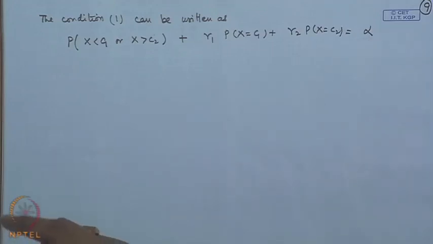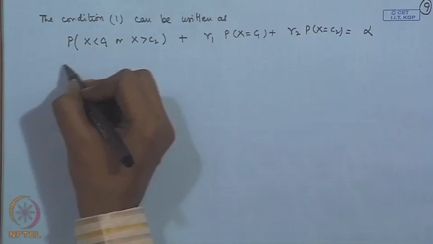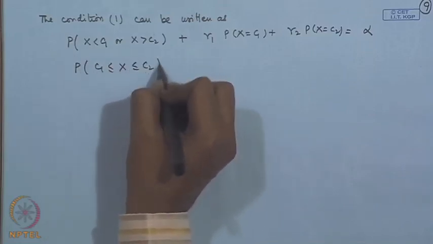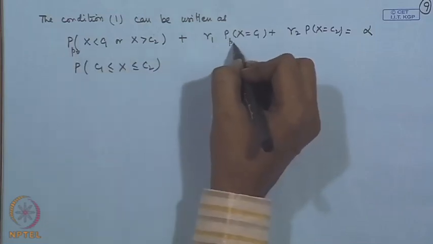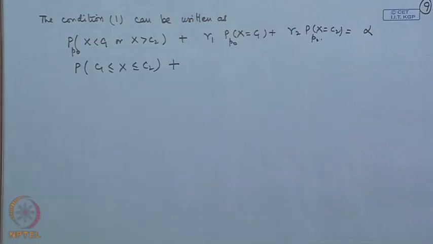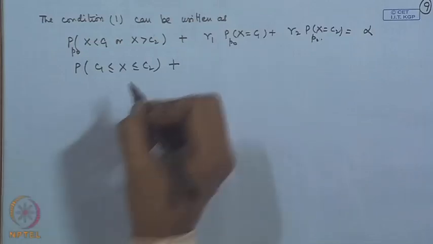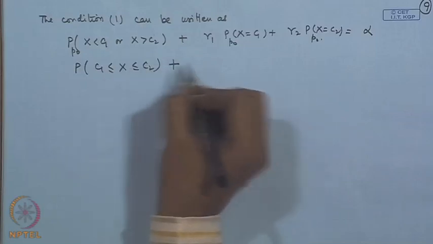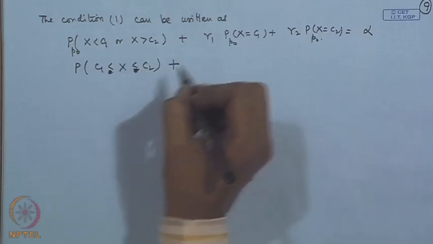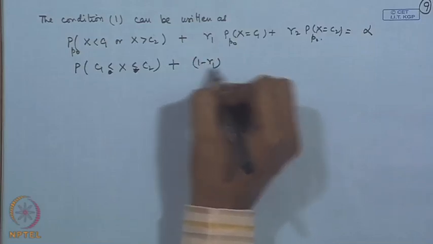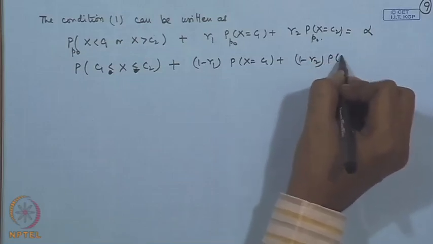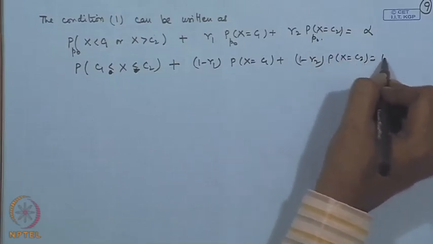I may consider the reverse of this also. I may consider probability of c 1 less than or equal to x less than or equal to c 2 under p naught, of course, and we can put it as 1 minus gamma 1 probability of x equal to c 1 plus 1 minus gamma 2 probability of x equal to c 2 is equal to 1 minus alpha.